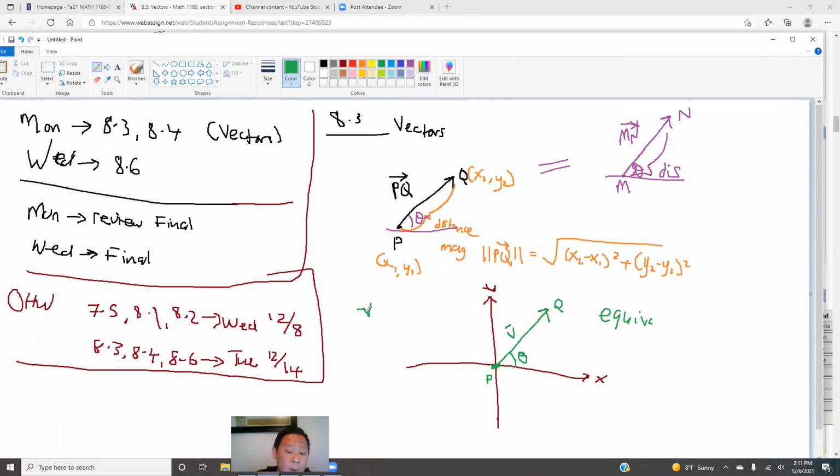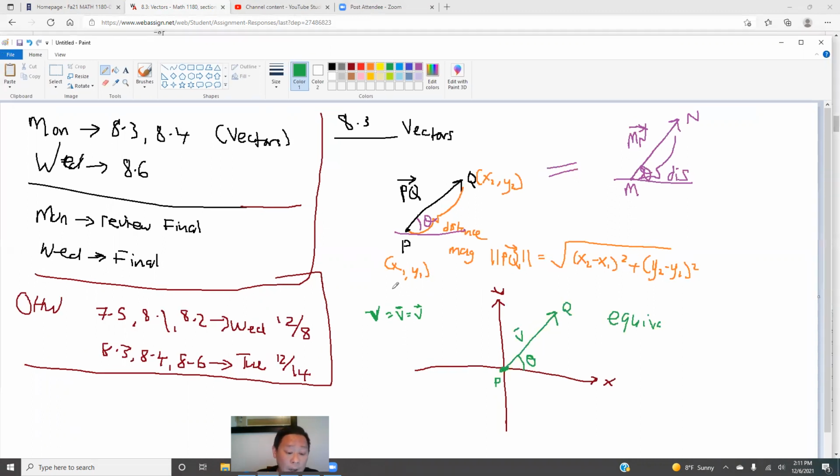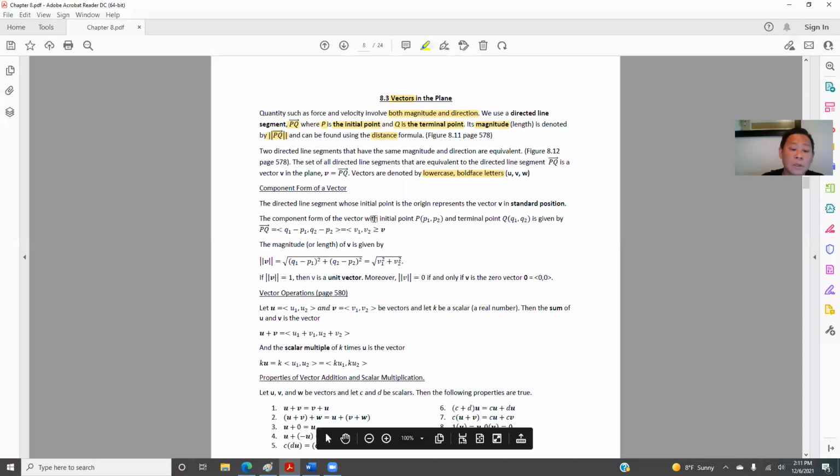So you can either bold it, or put the line on top, or put the arrow on top. They are all the same thing, but bolding is very difficult, especially in the test. In your online homework, you can bold it using the keypad, but in written homework or your test, usually we just draw a line on it. That's symbolized as a vector. So that's what we're going to talk about.